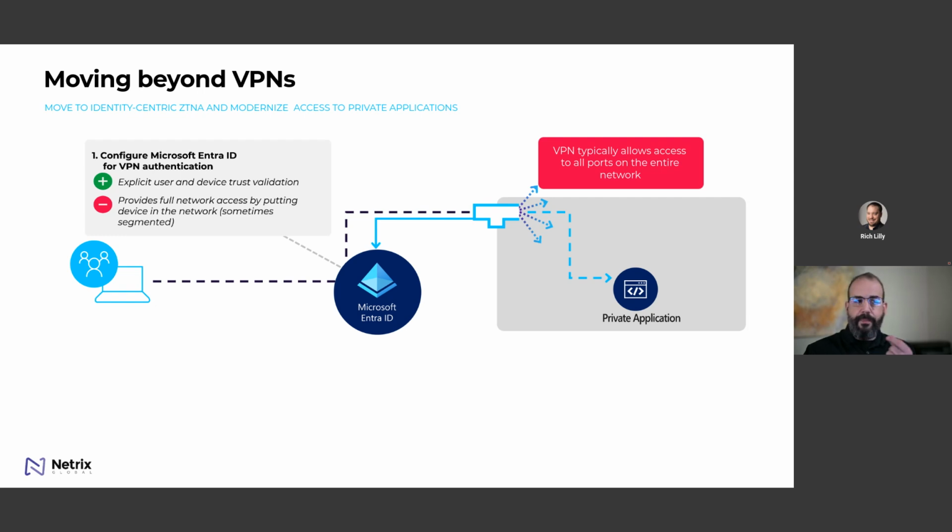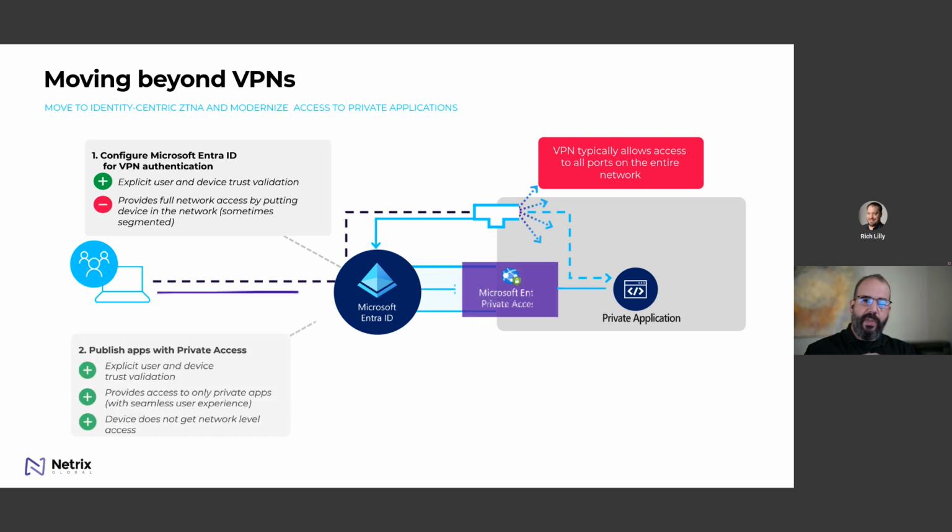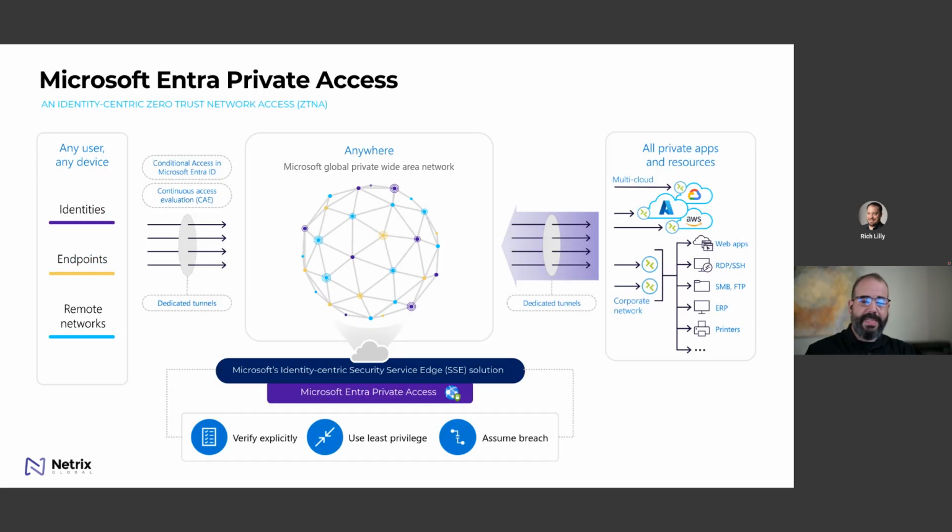Now, certainly, we could incorporate Entra ID with a lot of these services, being able to do VPN authentication. But what we get here now with Entra Private Access is the ability to get that explicit conditional access verification as we provide access. While a traditional VPN can't really scale well and can't isolate our services, this allows us to really dial in and focus our access to single applications, single services, and control that dynamically for each user.